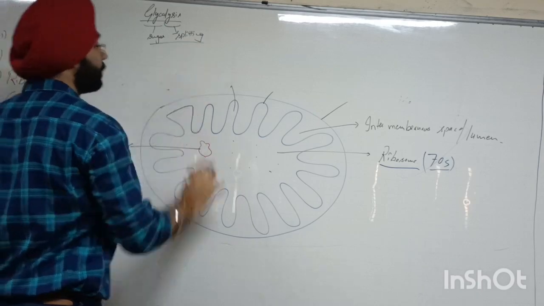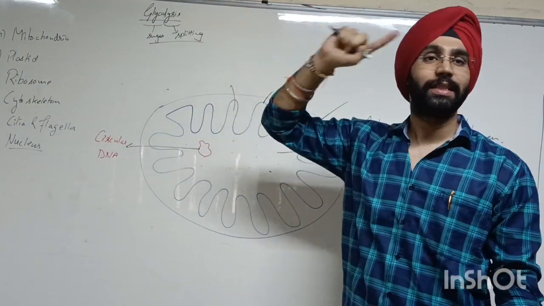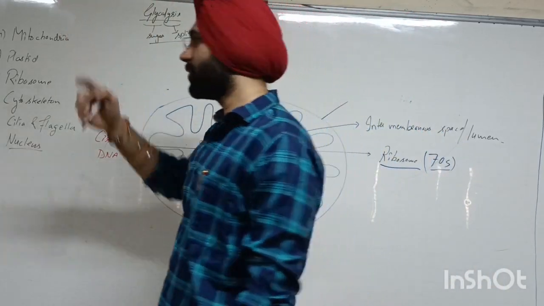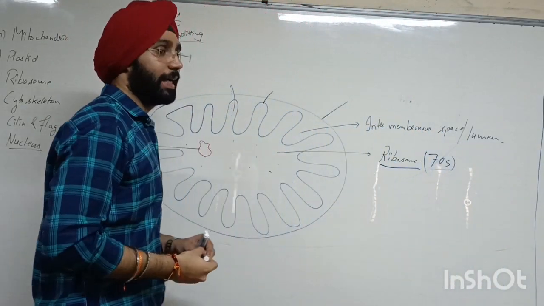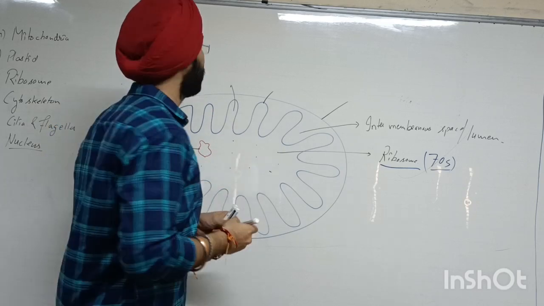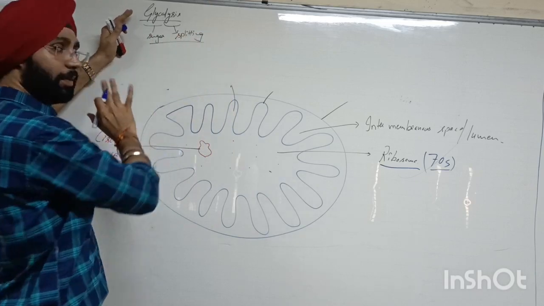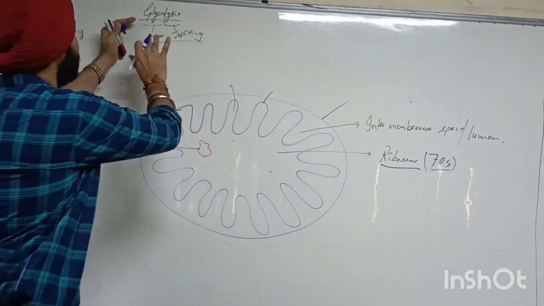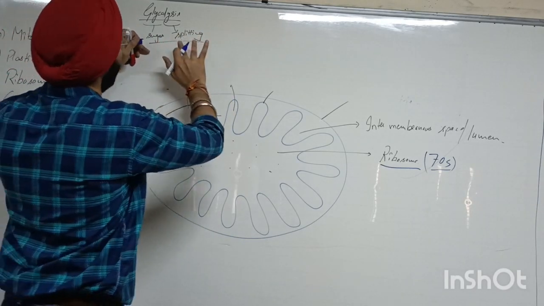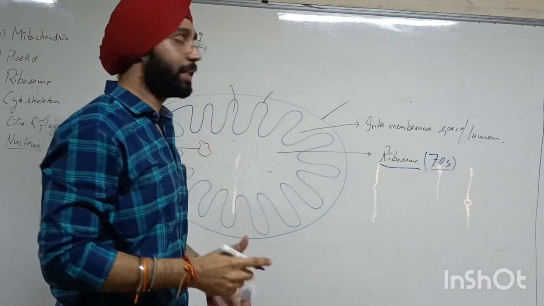Okay, so that is the basic understanding you need to have right now, because glycolysis is the topic of some other chapter. We are going to understand that in the next chapter, that is respiration in plant. So the basic knowledge you need is just that glyco means sugar and lysis means splitting. Means sugar is getting split.